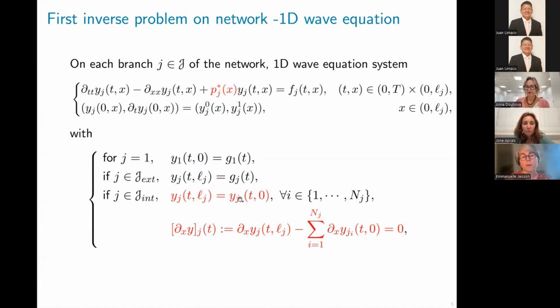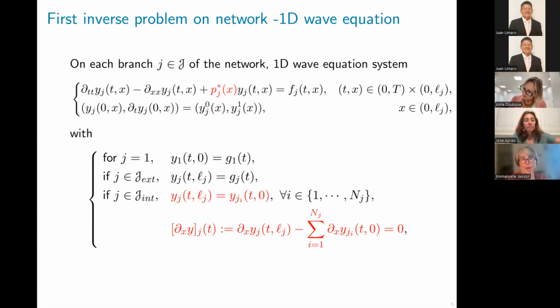You have the continuity of your solution: what comes from the mother branch is equal to what comes from all the children at the same node, Lj for J equal to 0 for the children. And you have a Kirchhoff condition: the flux coming from the mother is equal to the sum of the fluxes outcoming from the children.